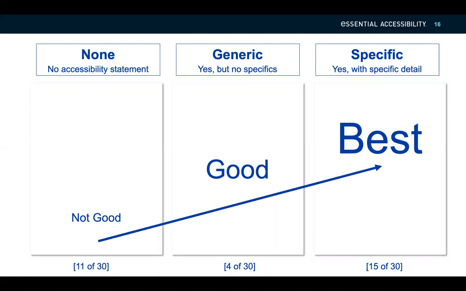And so in examining the truthfulness claim, which is ultimately what we were doing here with this methodology, we wanted to determine, do the statements reflect on some level the level of accessibility of the site? And what we found was, as you can see here, sites that had no accessibility statement were not as accessible as the ones that had a generic one, which were not as good as the ones that ultimately had a specific accessibility statement.